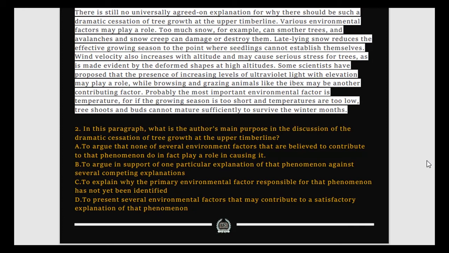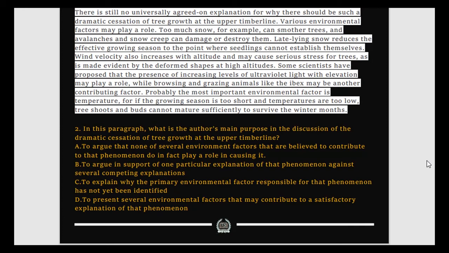There is still no universally agreed on explanation for why there should be such a dramatic cessation of tree growth at the upper temporal line. Various environmental factors may play a role. Too much snow, for example, can smother trees. Avalanches and snow creep can damage or destroy them.